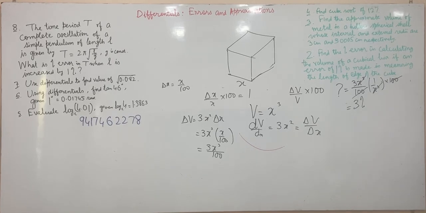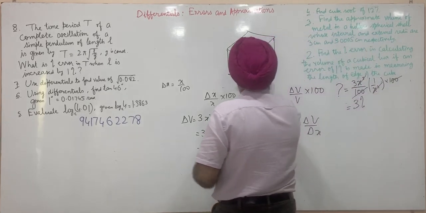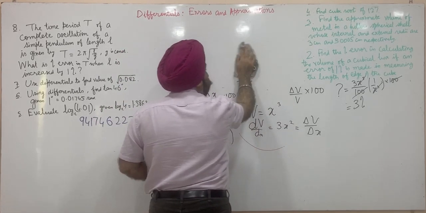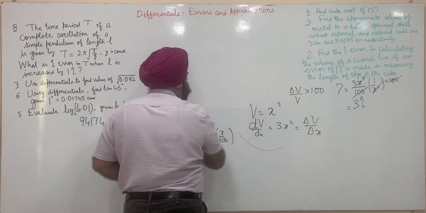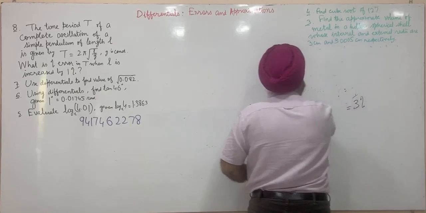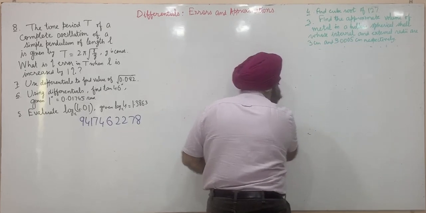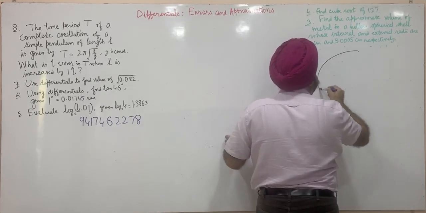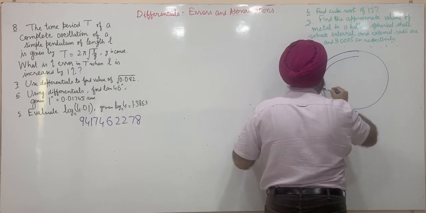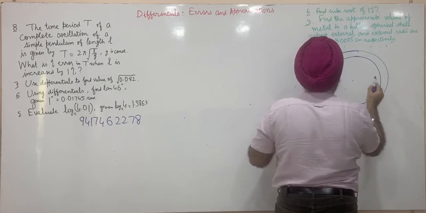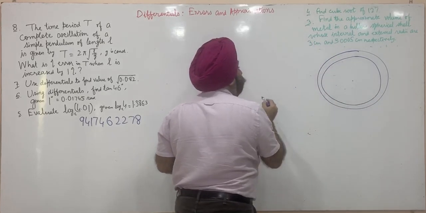Next, we have to find the approximate volume of metal in a hollow spherical shell whose internal and external diameters are given. So this is the external diameter and this is the internal diameter, and this is the center.